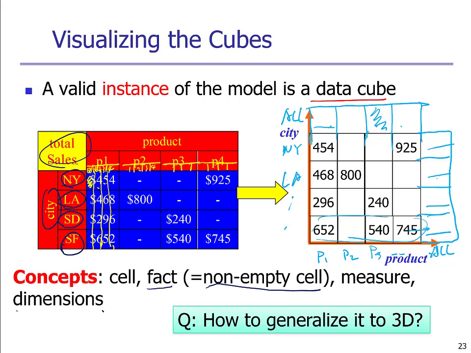Similarly, this cell is the total sales in LA across all the products. And this cell is the total sales across all the cities and all the products.